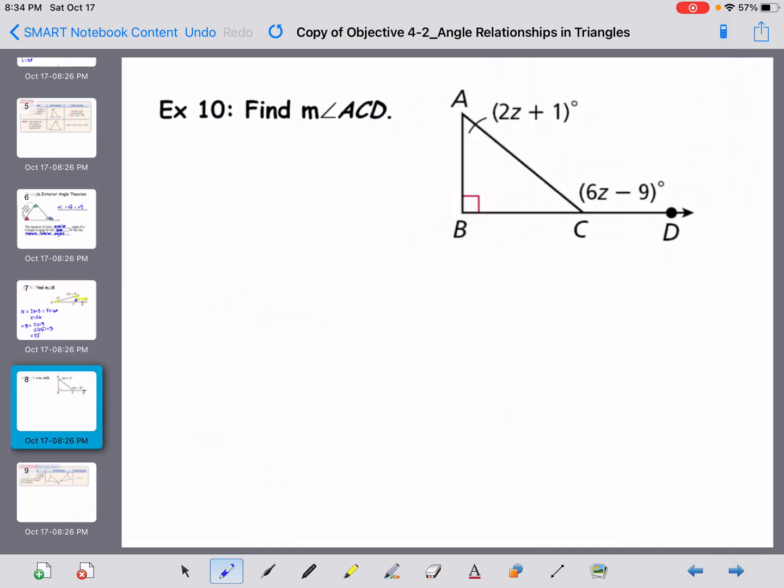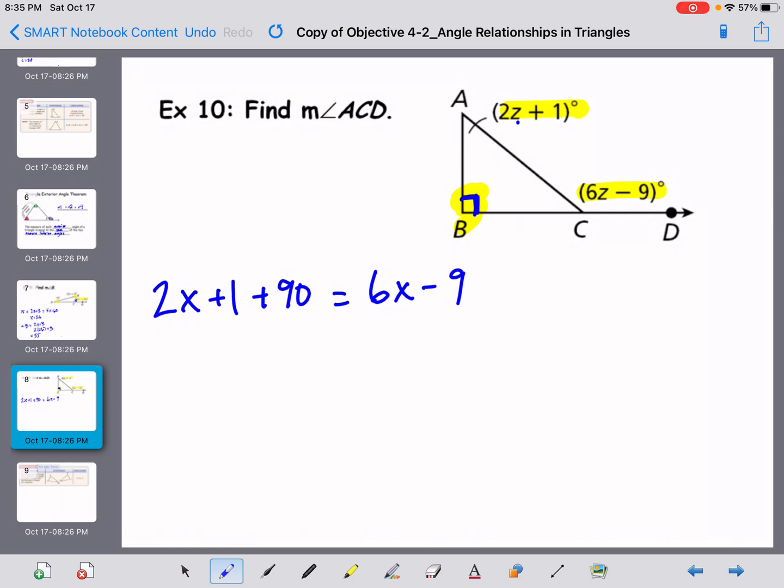All right, ACD. That's on the outside. My interior angles are 2x plus 1 and the right angle. I'm going to change this Z to an X just so that it'll be easier to read my handwriting here. Remember, a right angle is 90 degrees, and that's going to equal what I got on the outside.